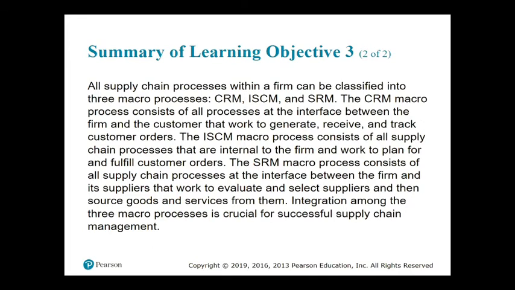And we also talked about the macro processes in the supply chain: customer relationship management, internal supply chain management, and supplier relationship management. And the important note to pay attention to here is that the different macro processes have to be integrated and coordinated between one another.